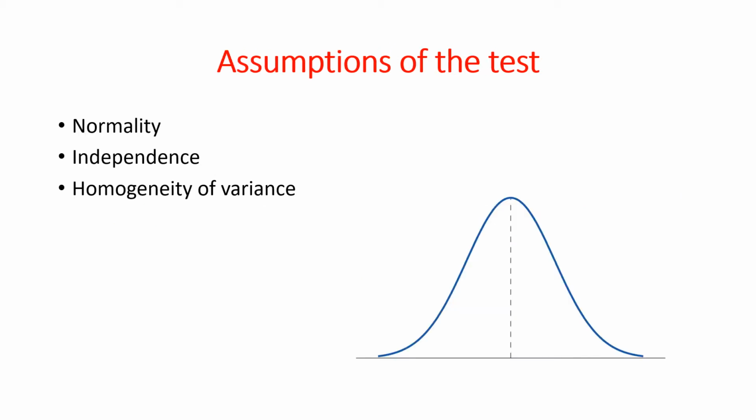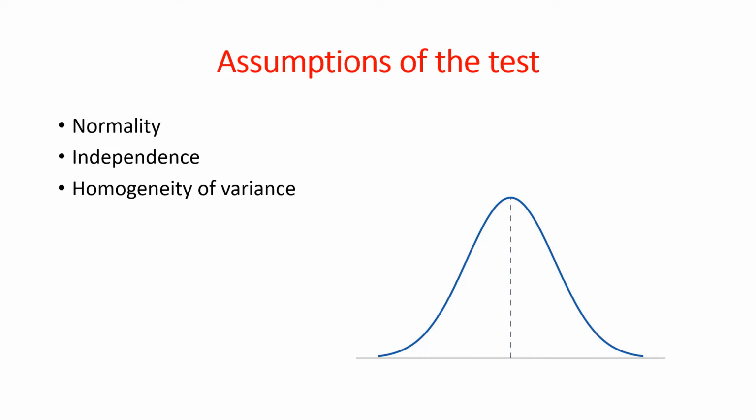There are three assumptions which need to be met before we do the t-test. These three assumptions are very important. One is normality, second independence, and third homogeneity of variance. You need to make sure that your data from your sample follows a normal distribution. Otherwise, you need to do a different test.